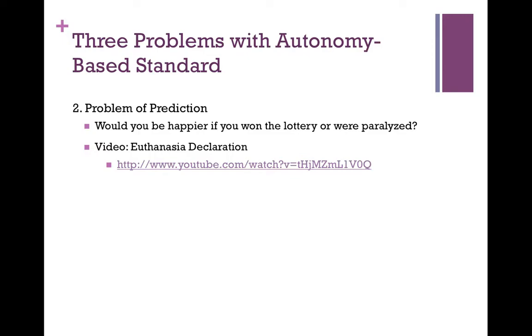But beyond that, and this comes right to the point I'm making here with the problem of prediction, based on what he had said in the past, it did seem like he had reached that point. However, once he got to that point, he realized it wasn't quite as bad as he had thought it would be. In fact, that's why he ripped up his euthanasia declaration, or his living will, because he didn't want there to be any ambiguity any longer about the fact that he was okay with his present condition.